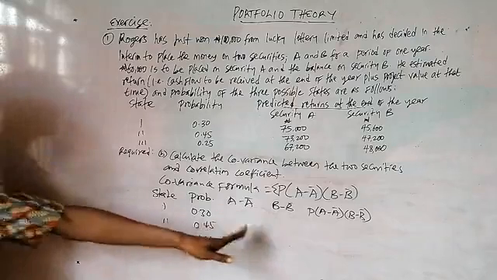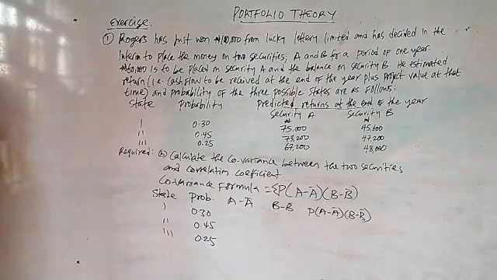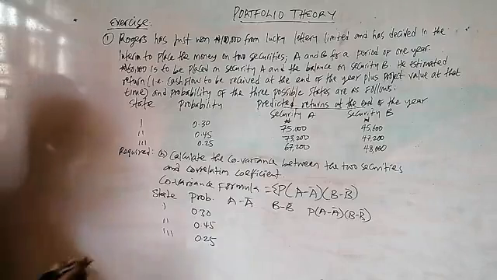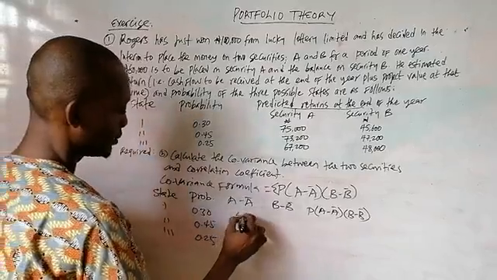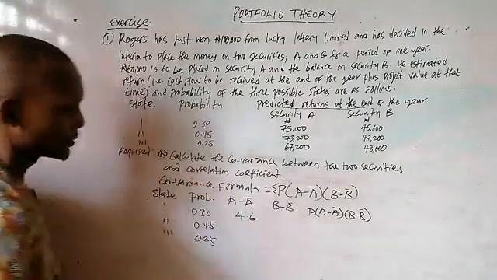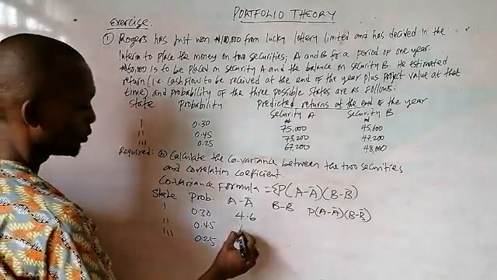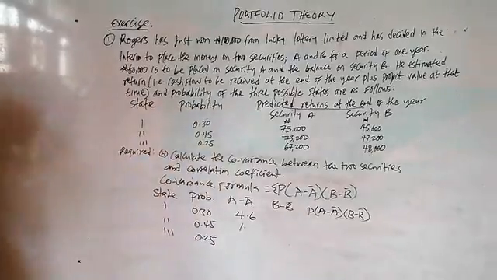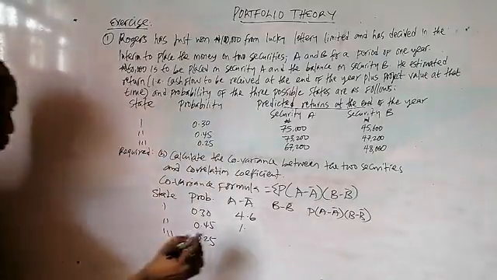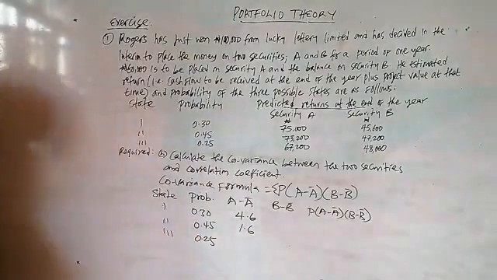For A minus A bar, under state 1 we have 4.6, for state 2 we have 1.6, and for state 3 we have minus 8.4.